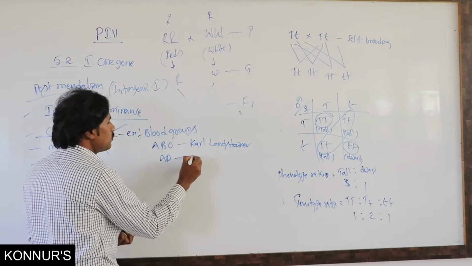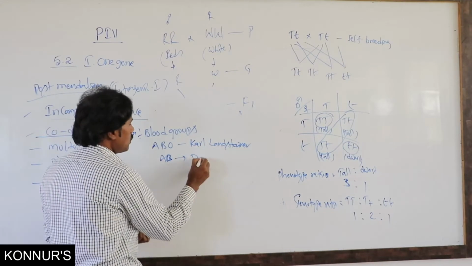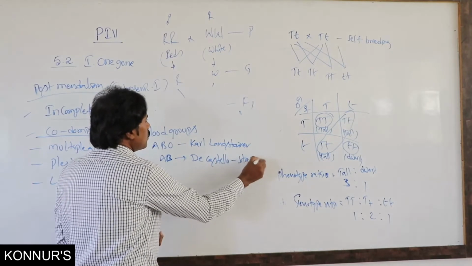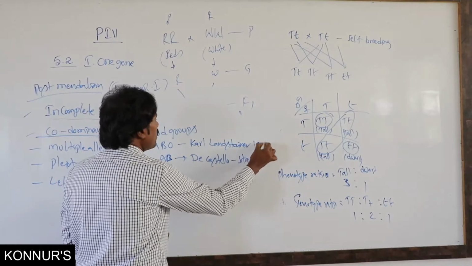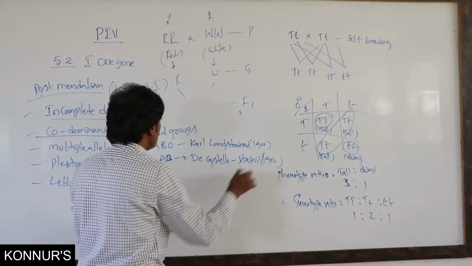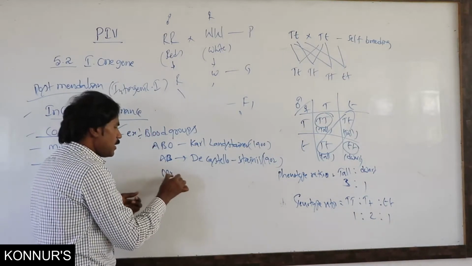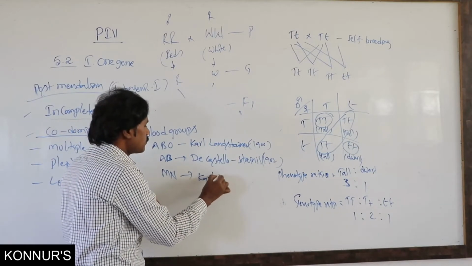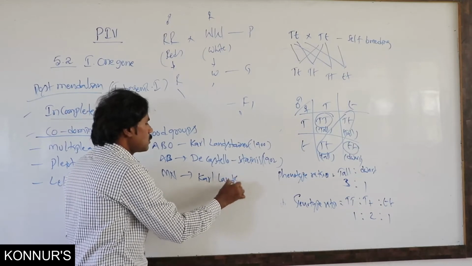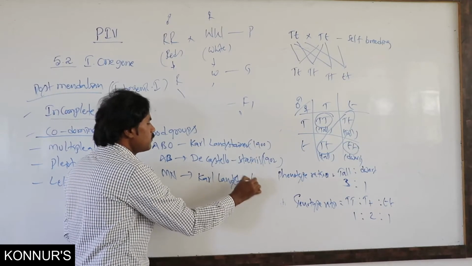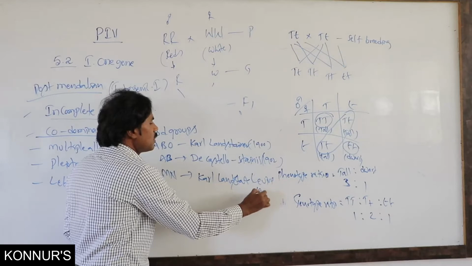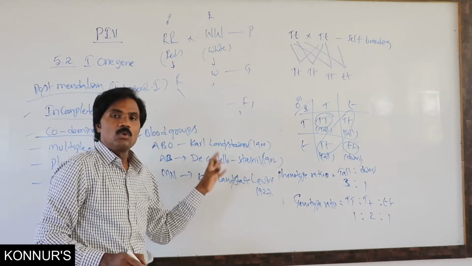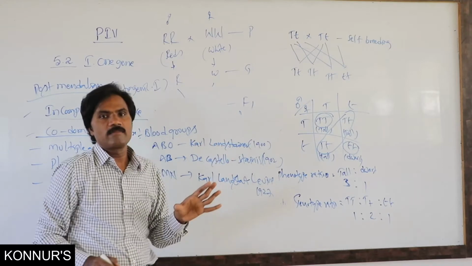Then the AB blood group by Decastello and Sturli, in 1902. Then the MN blood group also by Karl Landsteiner along with Levine, 1927. All these are related to codominant alleles.